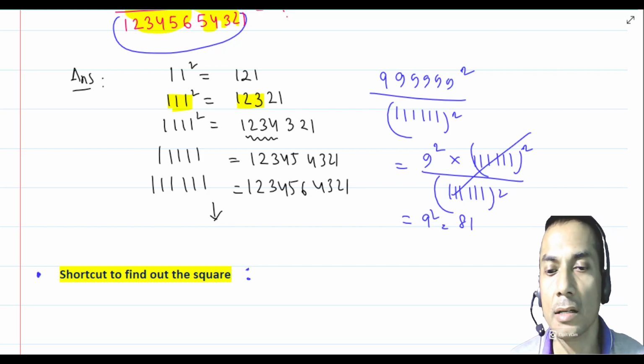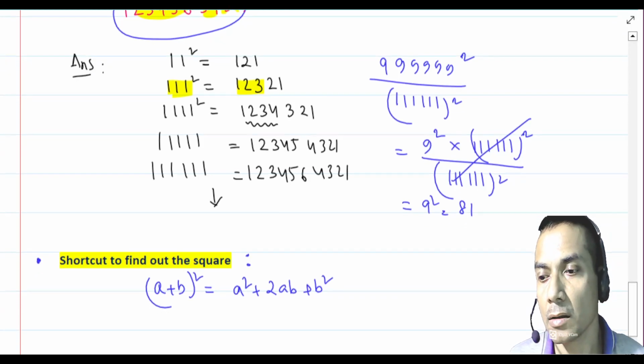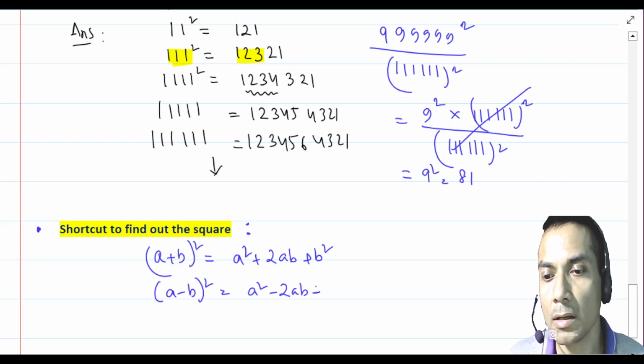The first method is by applying the algebraic identity. What are those identities? a plus b whole square is equal to a square plus 2ab plus b square. And another identity is a minus b whole square is a square minus 2ab plus b square.